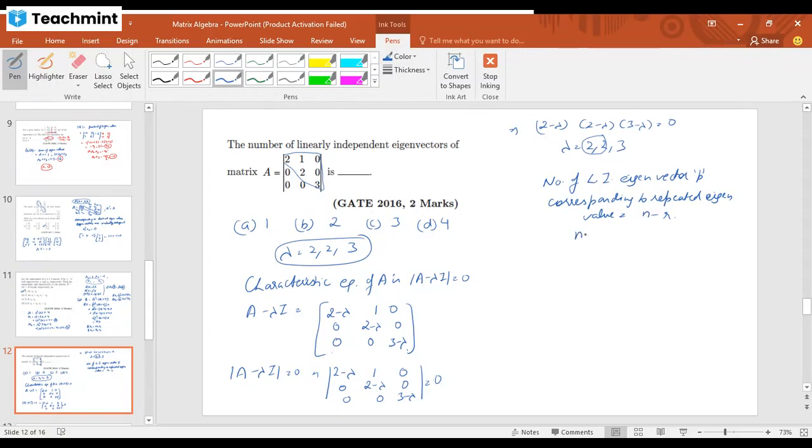What is n? N is the order of the matrix, and r is the rank of the matrix A minus lambda I.